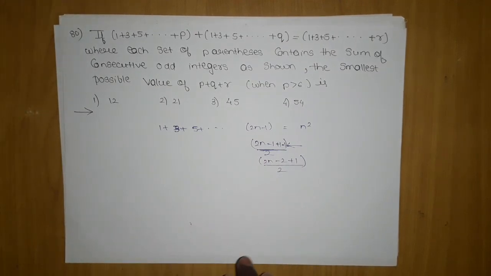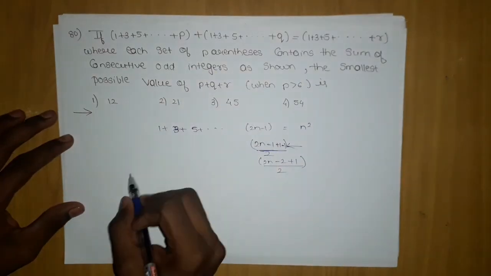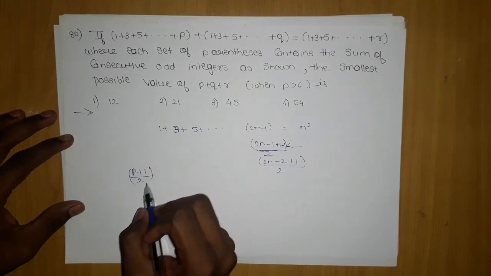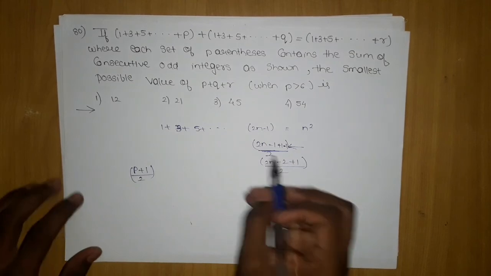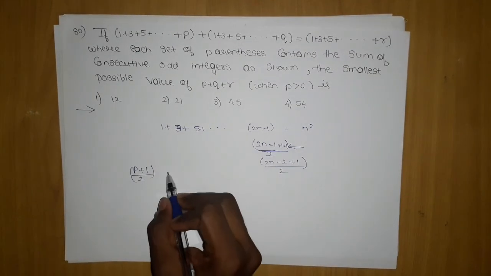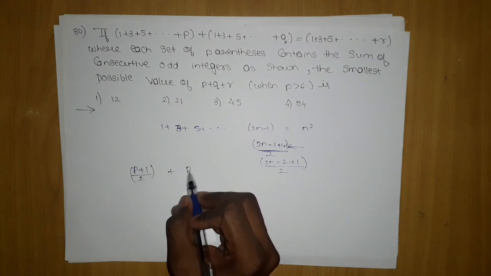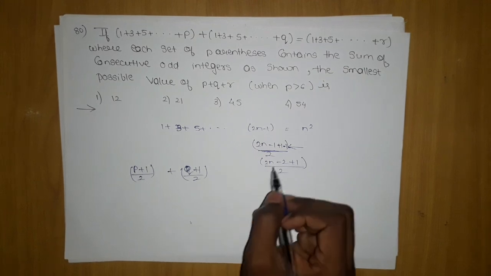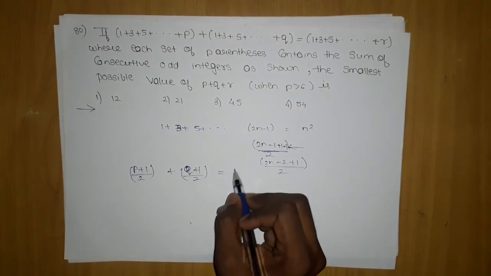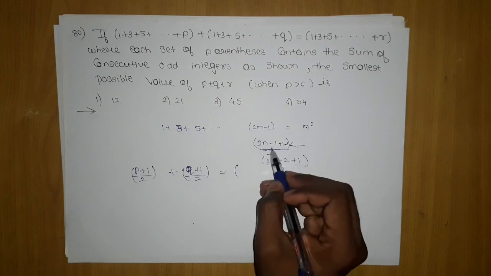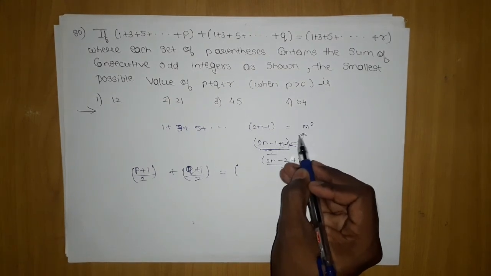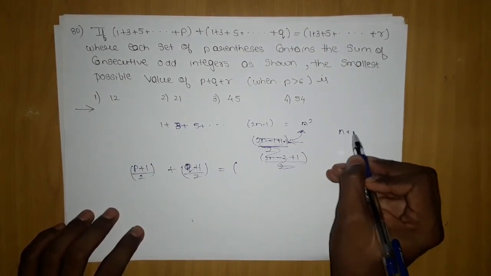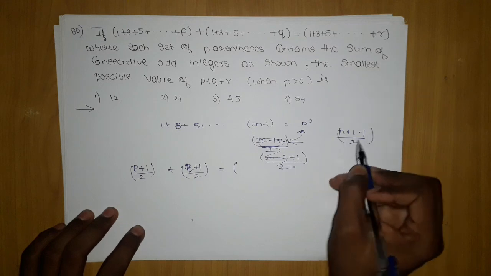So since this is the last term, we can write it as p plus 1 by 2. Similarly, the next term will be nothing but p plus q plus 1 by 2. Instead of n I can add plus 1 and minus 1 to it, when it is an odd number term.